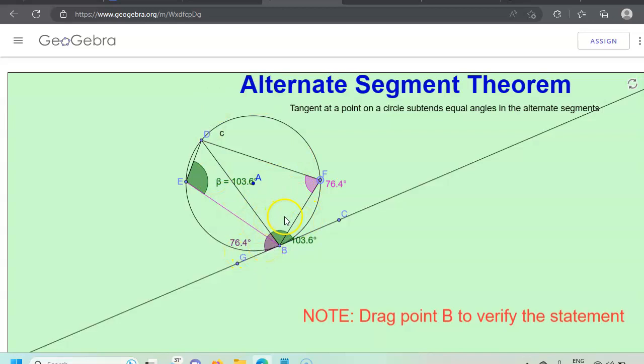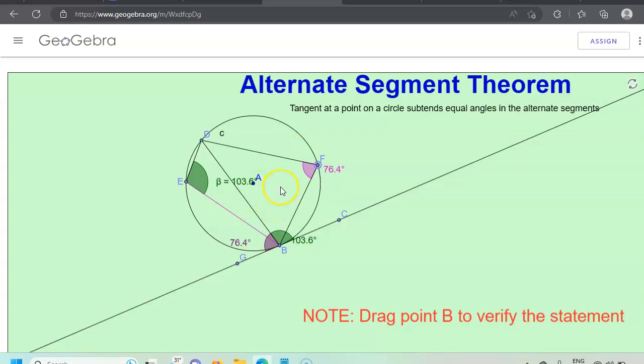The angle of the alternate segment is formed when we have point F connected to the endpoints of the chord, and the measure is also 76.4, no matter where we place F at that alternate segment.